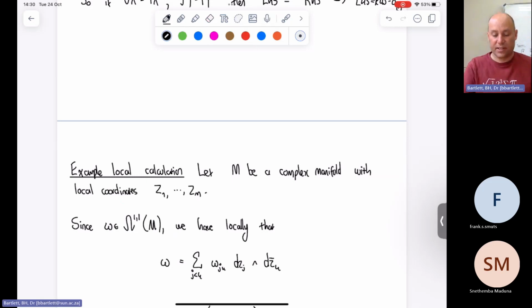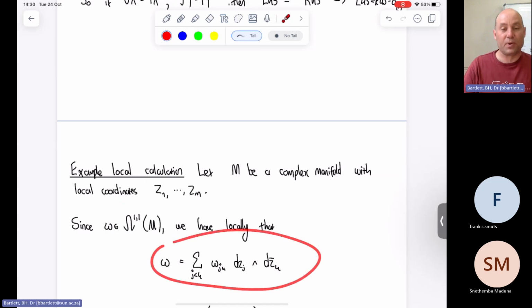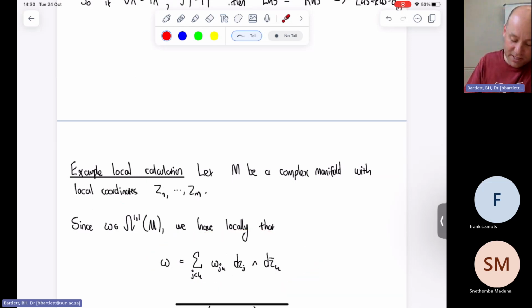Right, because that's not quite the definition, but it's a characterization of being a (1,1) form. It means that you're linear combinations of these guys. The (2,0) forms would be the things that have dz_j wedge dz_k, those guys. And the (0,2) forms would be the things that are dz bar j wedge dz bar k.